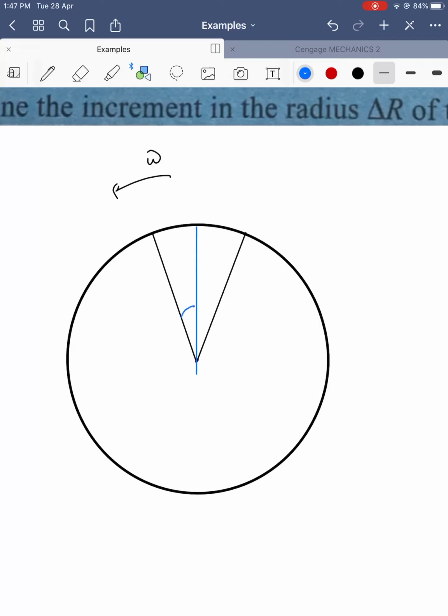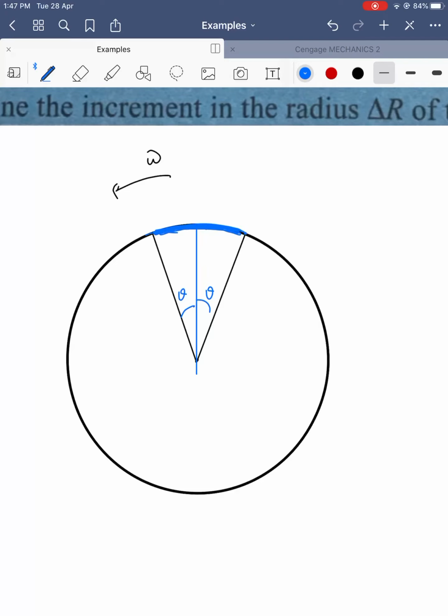Sir, why are you doing this, you may ask. Because this ring has a uniform cross section, I have to consider a small section of the ring as one part of the ring.